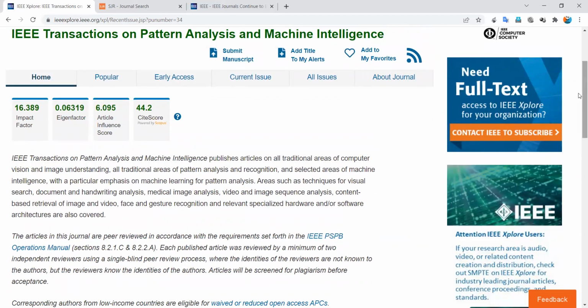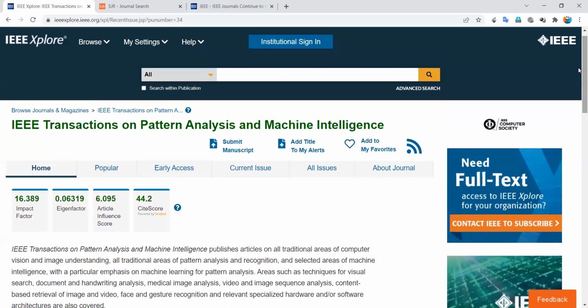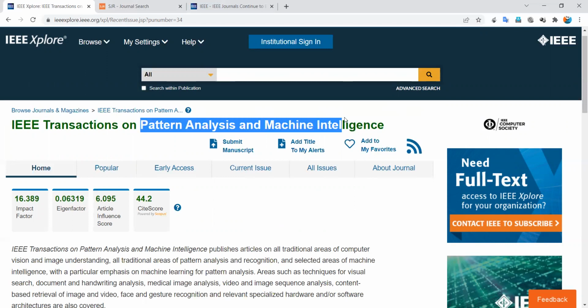In general, if you don't find any specific aim or scope for a particular journal, I will always suggest that you look at the journal's or transaction's name. So if your research is in any way related to pattern analysis or machine intelligence, I think this transaction's aim and scope maps with your research.